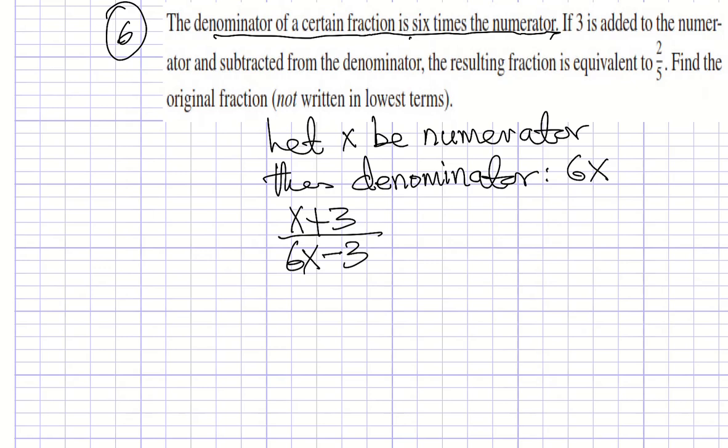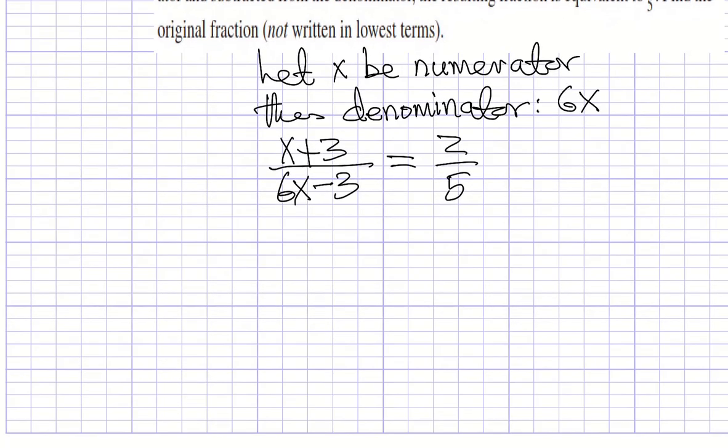The resultant fraction is equivalent to 2 over 5. That's all they want us to form. Find the original fraction. We'll solve for x, and once we get x, we can reconstruct the fraction.